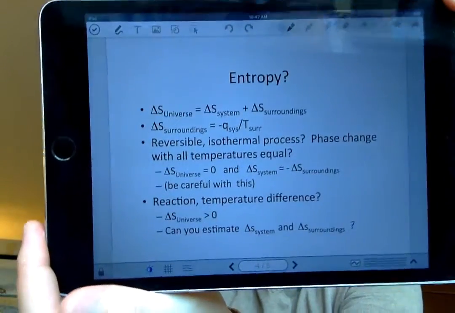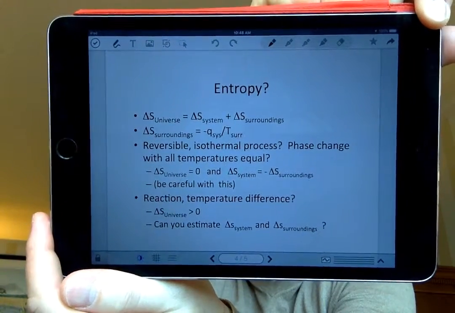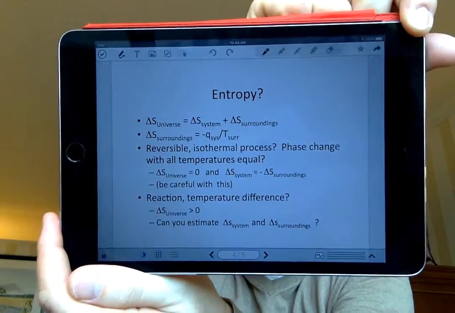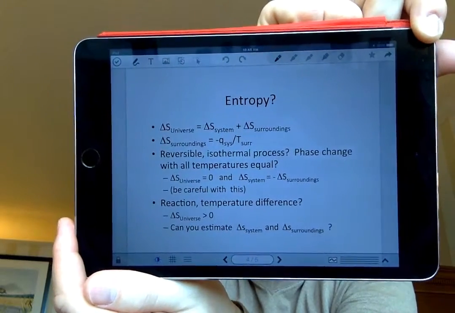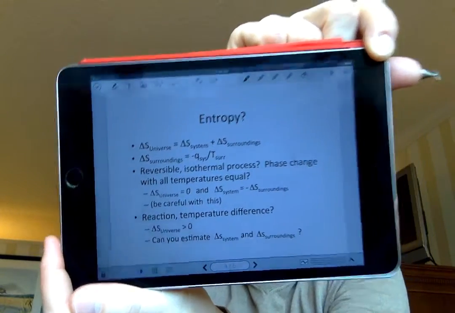But we also have ways to calculate the entropy based on the heat flow over the temperature. So we know how to calculate the entropy of the surroundings. In some cases, we know how to calculate the entropy of the system based on this equation. And we know how to bound our answer, or at least estimate our answer, in terms of whether it's a reversible isothermal phase change process, or whether we have some irreversible process where the delta S of the universe has to be greater than 0.